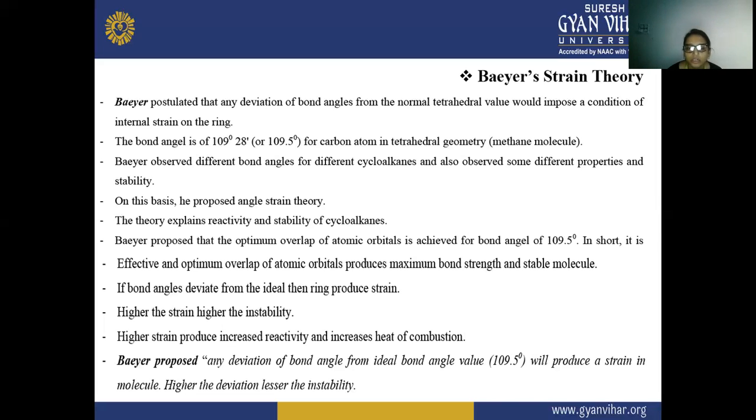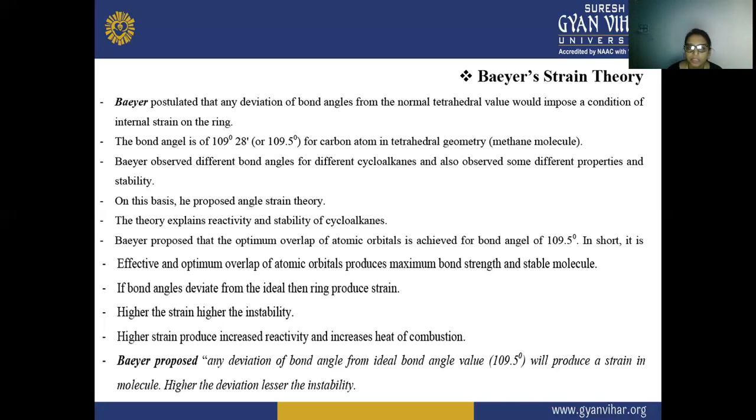In this theory, he noted that if there is any deviation in the bond angle from the ideal bond angle, the ideal bond angle value is 109.5 degrees for the cycloalkane, and if there is any deviation from this bond angle, then there is a strain produced in the cycloalkane molecule. So if the deviation is higher, then the strain is higher and the instability is higher.